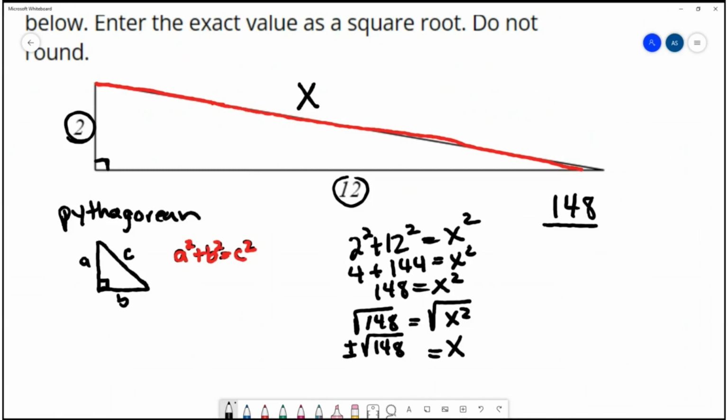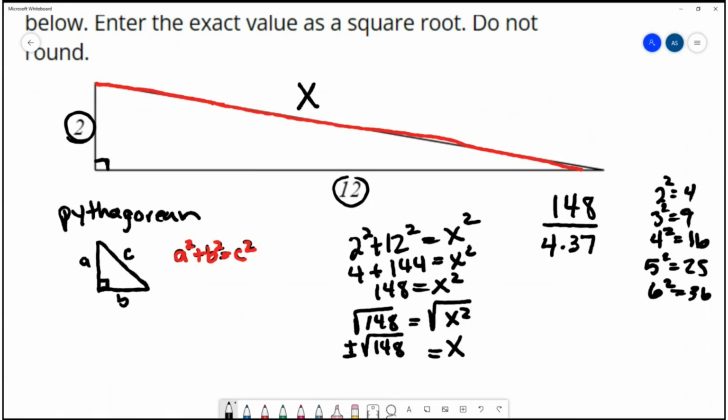My perfect squares are 2 squared, which is 4, 3 squared, 9, 4 squared, which is 16, 5 squared is 25, 6 squared is 36. We'll stop there for now. So in my calculator, I'm typing 148 divided by 4, and that does work. 4 times 37. And so I can write this as plus and minus square root of 4 times 37.